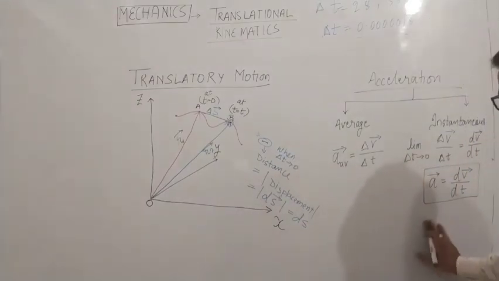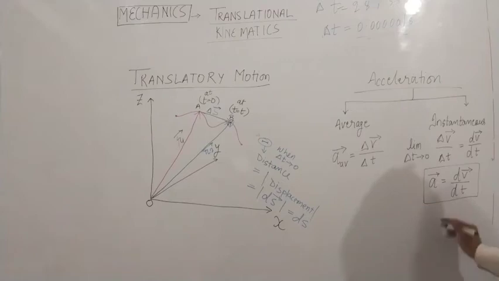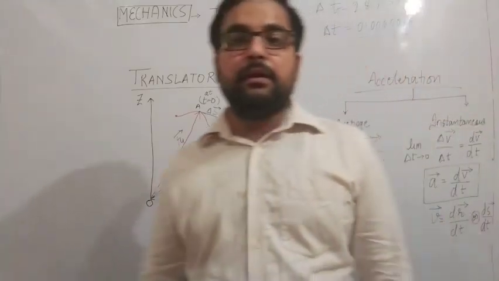So at that very instant we also write v is equal to dr by dt, or ds by dt, right?